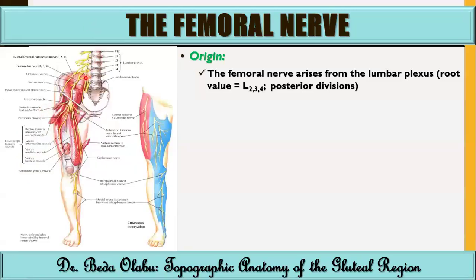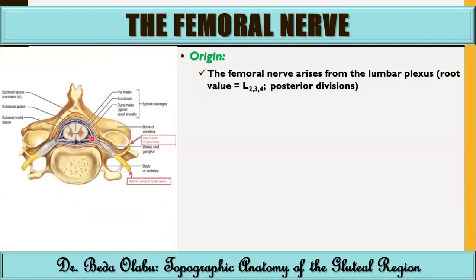So I'd already alluded to the concept of posterior divisions and anterior divisions of ventral rami of nerves. The femoral nerve comes from the L2, 3, 4 posterior divisions. The counterpart is the obturator nerve that comes from the same segments but the anterior divisions.